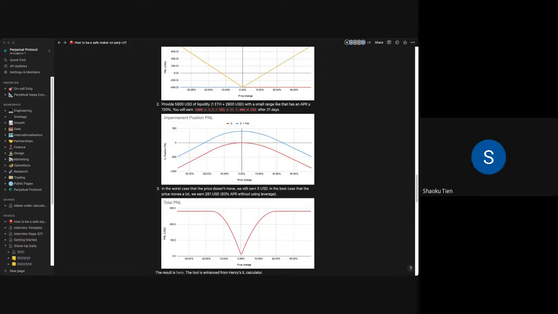I guess the most ideal situation is that you set a price range and the price never goes out of the range, so that you can get the max fee. But because the prices for the options will be cheaper if the strike price is far from the current price, your cost will be lower, but your fee will be higher. That's my guess.